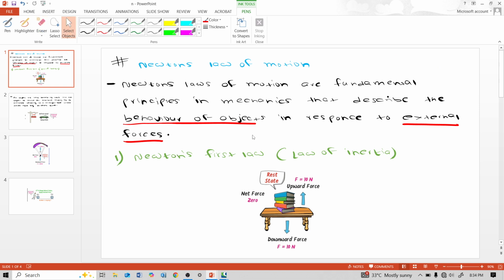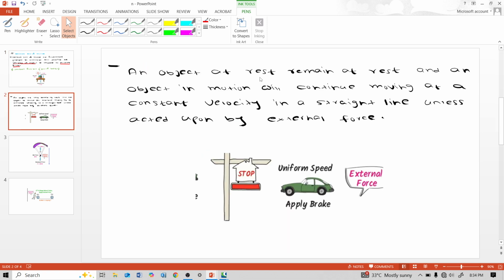First, Newton's first law. What is Newton's first law? An object at rest remains at rest, and an object in motion will continue moving at a constant velocity in a straight line unless acted upon by an external force.